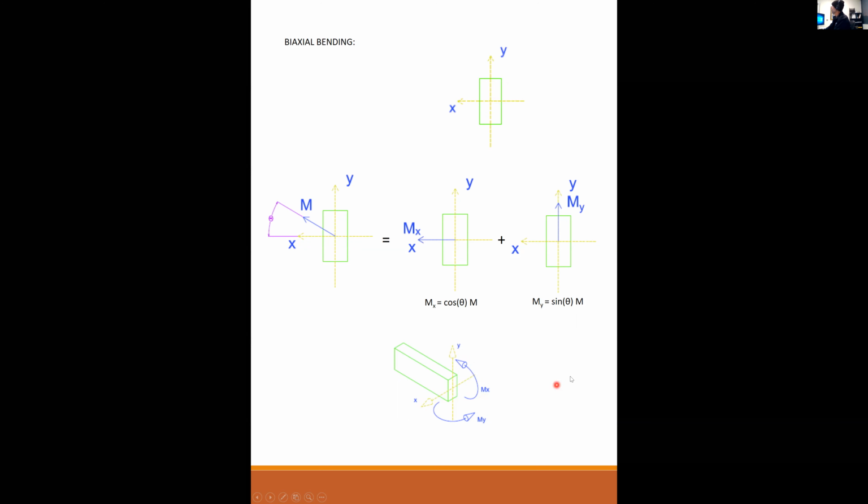Same goes for the y. Take your thumb, shove it up in the positive y direction, and curl your fingers, and you get a moment that looks like this. This is positive about the y-axis, thus My. So Mx is a positive moment about the x-axis. My is a positive moment about the y-axis.